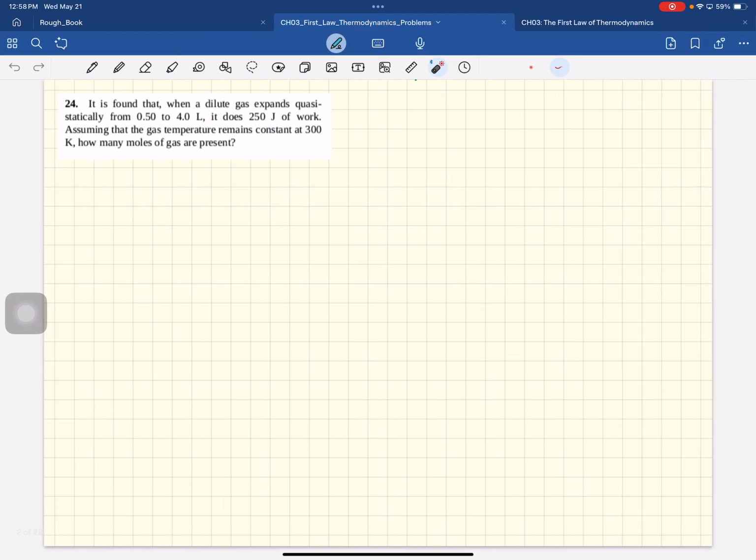All right, so this problem says it's found that when a dilute gas expands, so here's the deal in this business. Whenever they say a dilute gas, what they're saying is the gas behaves ideally. You can assume that it behaves ideally. Dilute gas expands quasi-statically.